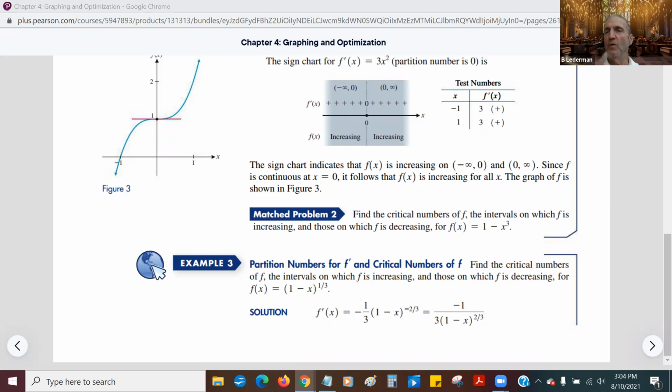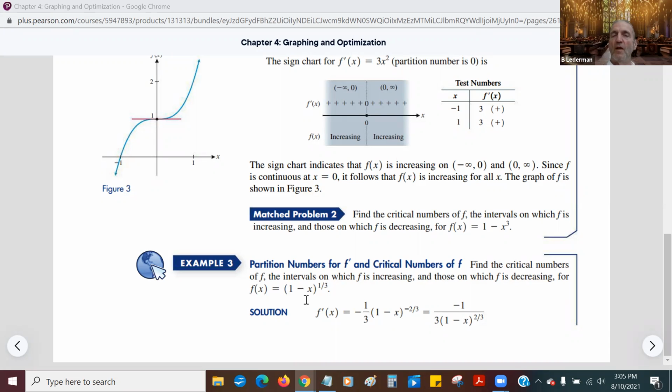So how did it become negative 1/3? The answer is that the negative 2/3 is the exponent. The coefficient is going to be the 1/3. But why is it negative? I should take the 1/3 and just stick it out in front. Where did the negative come from? The negative actually came from the chain rule, because I have a minus x inside.